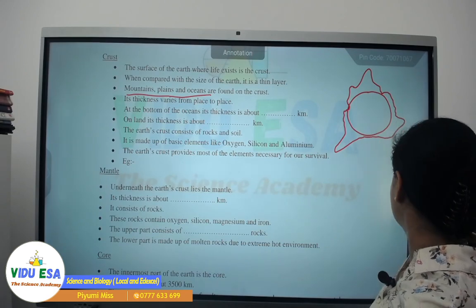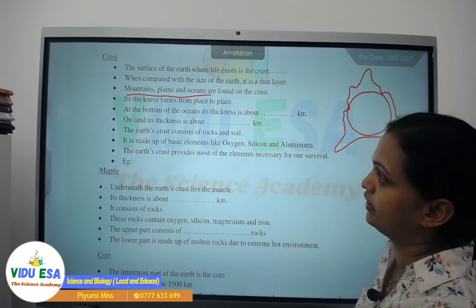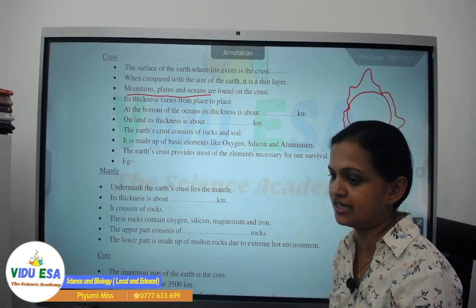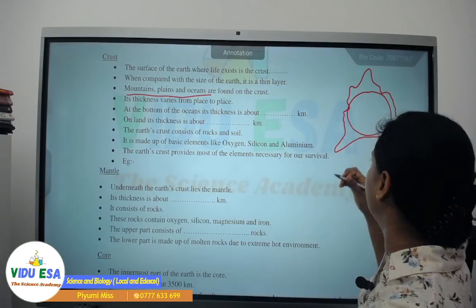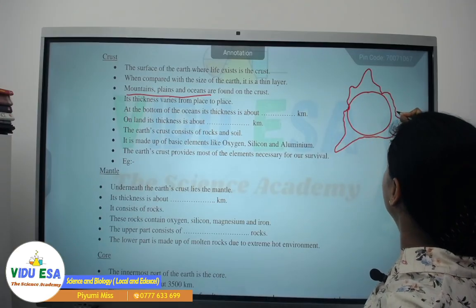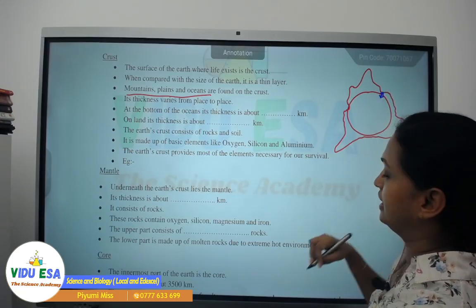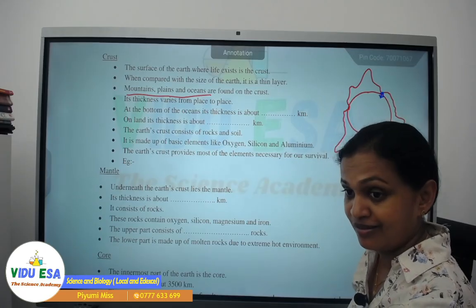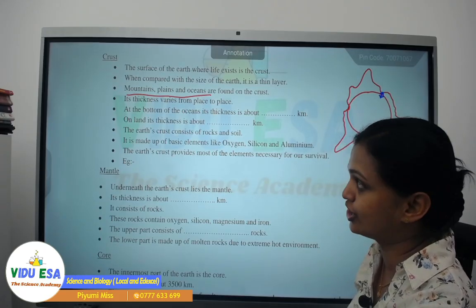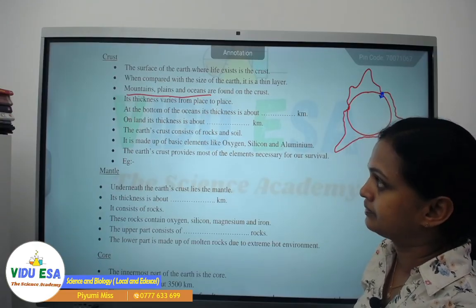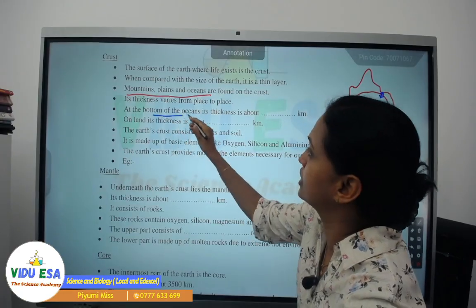So its thickness varies from place to place. Now this is the earth's crust. If we mention the thickness, at the bottom of the oceans, its thickness is about 5 kilometers, right? Bottom of the oceans, that is, if we look from the seabed, its thickness.